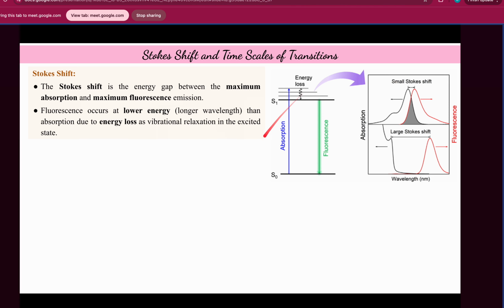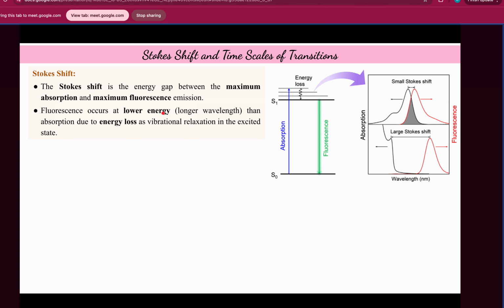So the light which is emitted will have quite less intensity compared to the light which was absorbed. This difference in wavelength, or in the amount of energy, is known as Stokes shift.